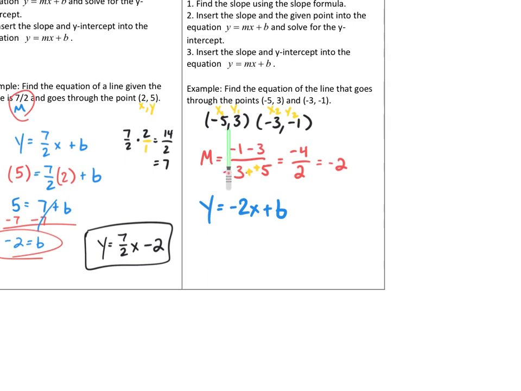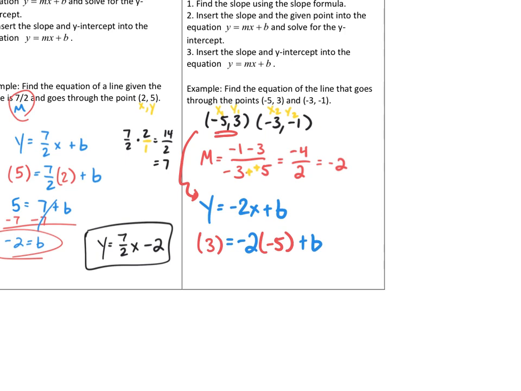Sometimes it's just easier to always take your x1 and your y1 and plug them in down here to solve this. So if I did that, I would take this point and plug it in down here. That means I would plug in a 3 for y is equal to -2, but then plug in a -5 for x, and then that would be plus my b value.